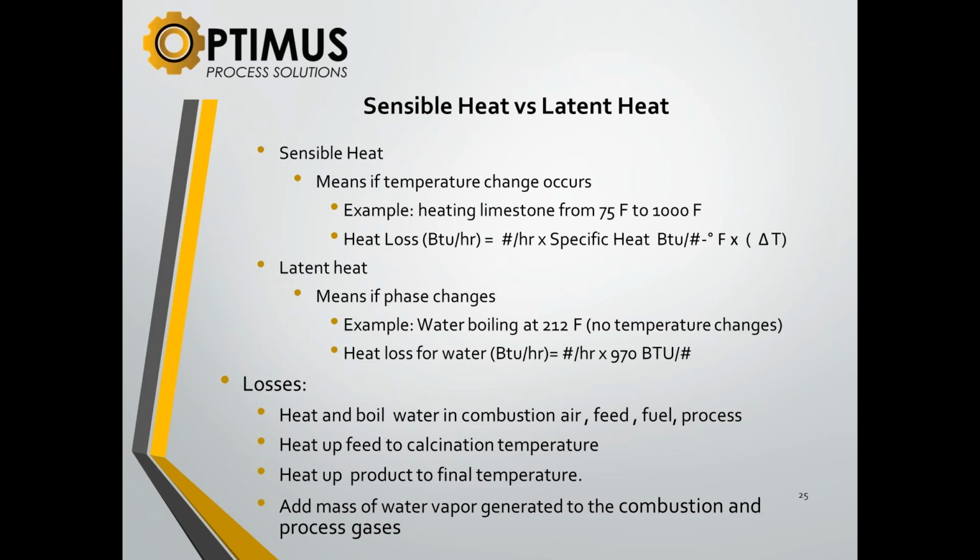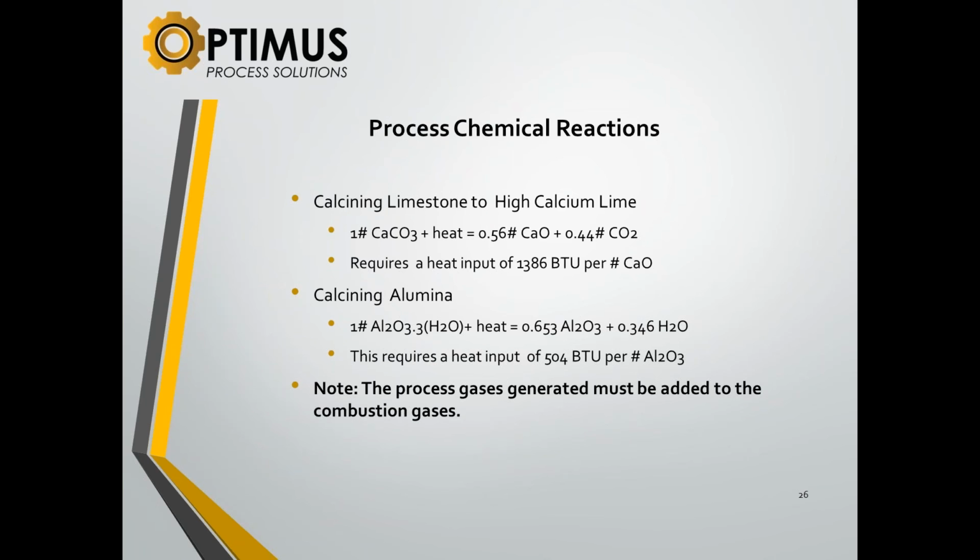So the process, the chemical reactions, we got some simple ones to discuss. We just picked 2 out. There are many. Probably the most common is limestone making lime. It almost applies to cement too, because you're doing the same thing in a cement kiln, but it's more complicated, with a lot more components.